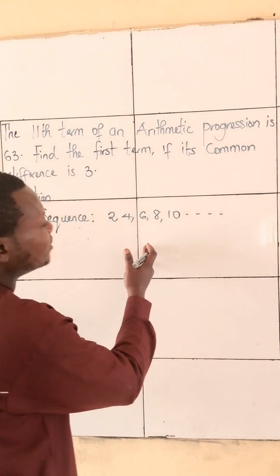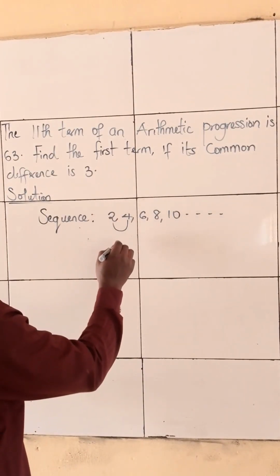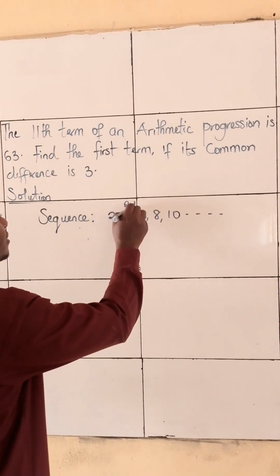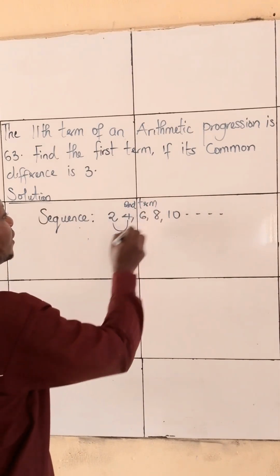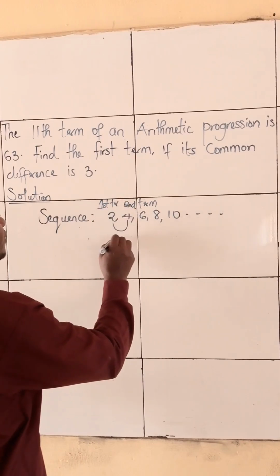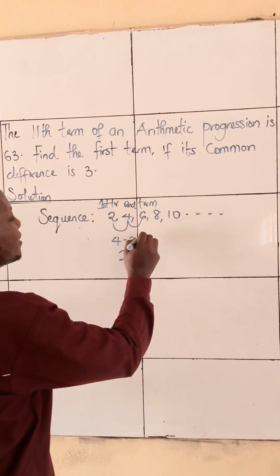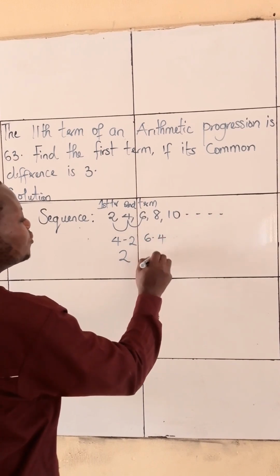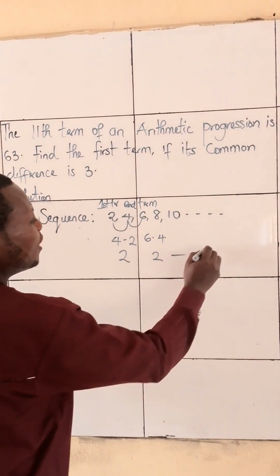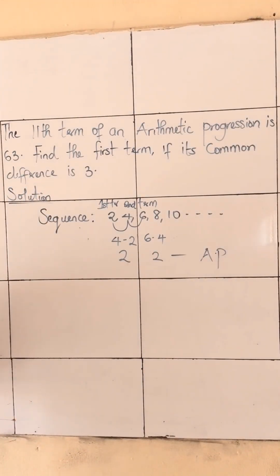An arithmetic sequence. It is an arithmetic sequence because it has a common difference. That means if I subtract the first term from the second term, 4 minus 2 will give me 2. And if I also say 6 minus 4 will give me 2. So any sequence that has common difference is called an arithmetic progression. Okay?